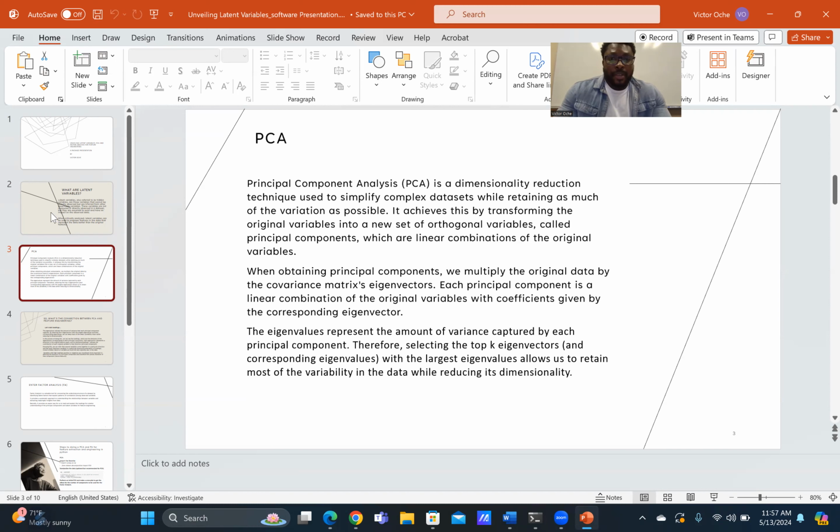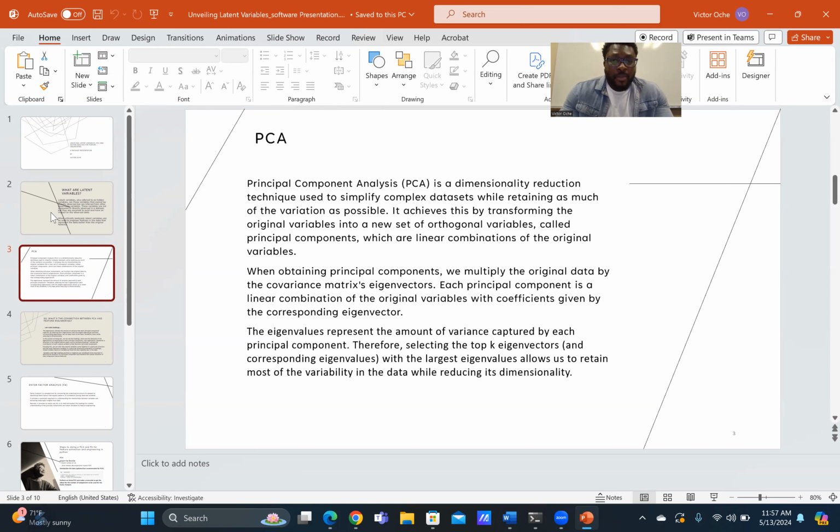When obtaining principal components, we multiply the original data by the covariance matrix eigenvectors. Each principal component is a linear combination of the original variables with coefficients given by the corresponding eigenvectors. The eigenvalues represent the amount of variance captured by each principal component.